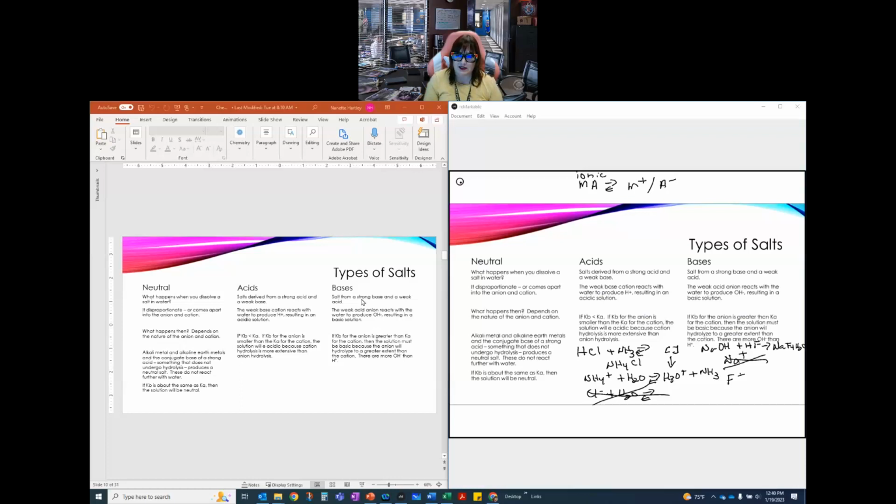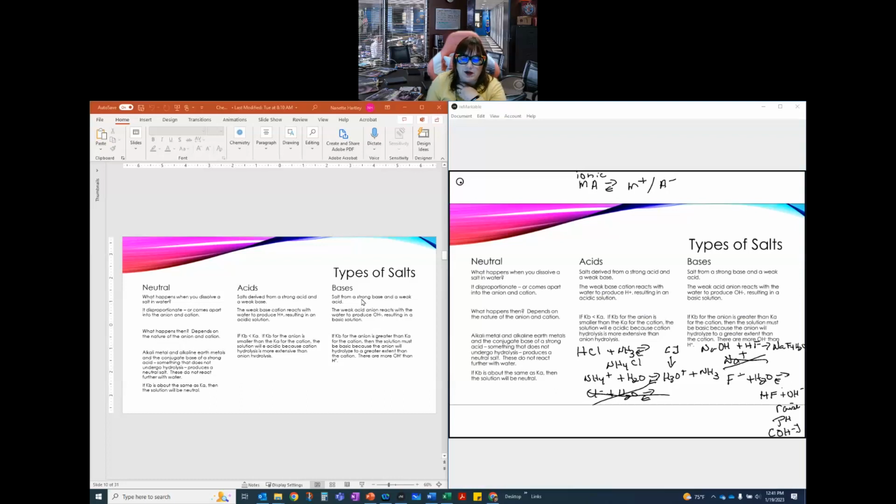But that F- does. We take that F-, add H2O to it, and, sorry, it takes a proton off of there. So we end up with HF plus OH-. I apologize. And that OH-, therefore, is going to raise the pH because the concentration of the OH- is going to get bigger. Okay, so that's what we have there.